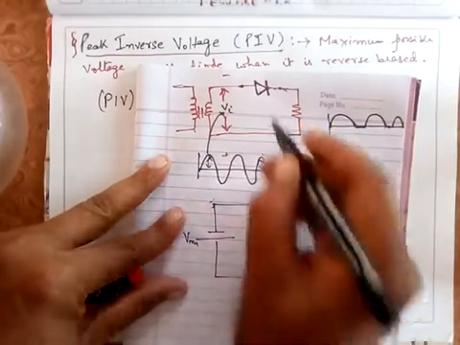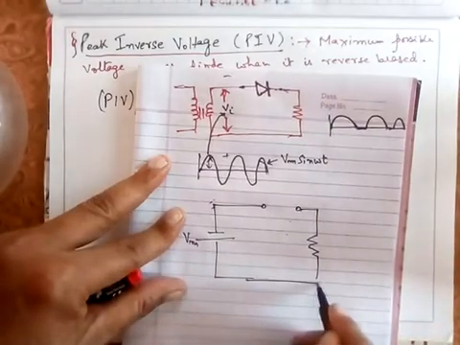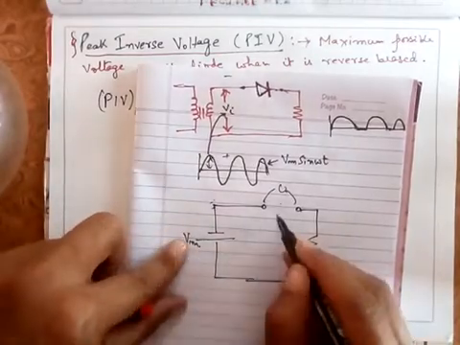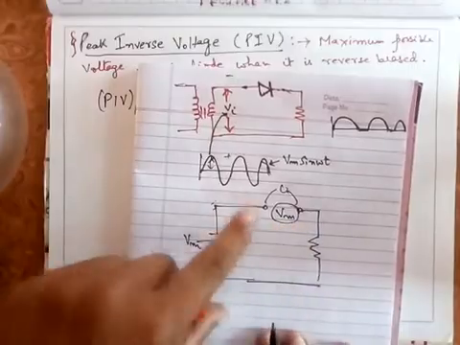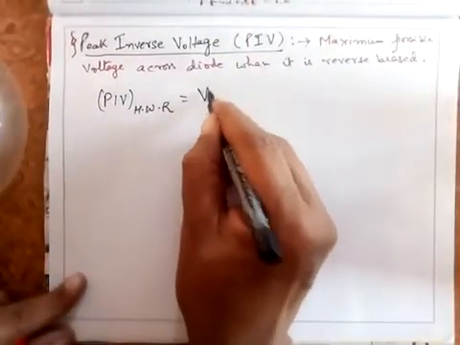Now this diode will act as an open switch and there is a load resistance here. If I apply a voltmeter here, the maximum voltage will be Vm only. So the maximum voltage under reverse bias condition in a half wave rectifier is equal to Vm.